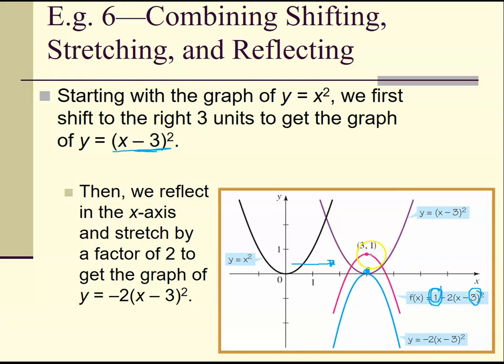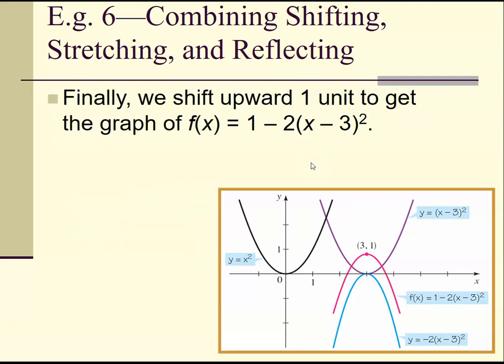The vertex is now at 3 and positive 1, and it's negative 2 times x. So the graph of 1 minus 2 times (x minus 3) squared is the pink one. So we all know already about how we do the shifting, the stretching, and the reflecting.